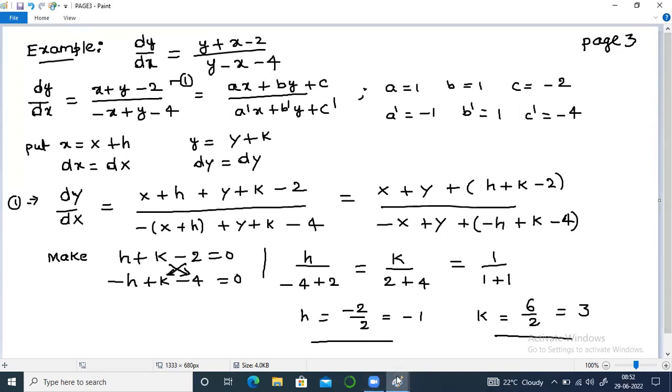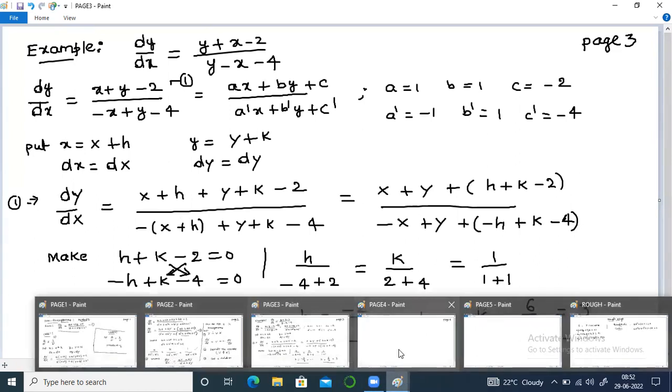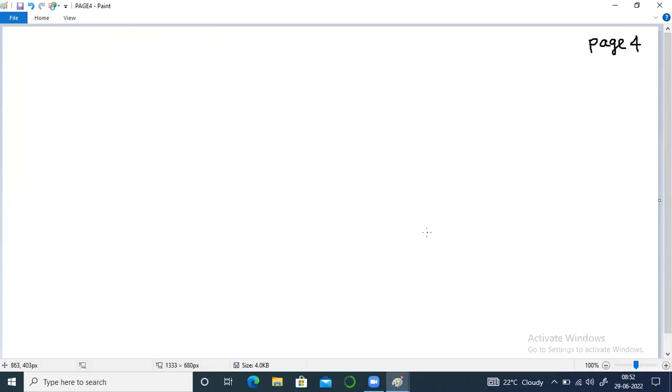So now I go to page 4. Now my equation becomes dY by dX is equal to X plus Y by minus X plus Y. That term becomes 0.